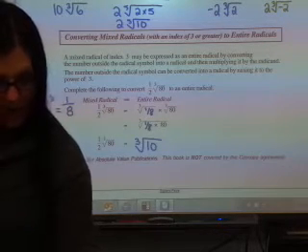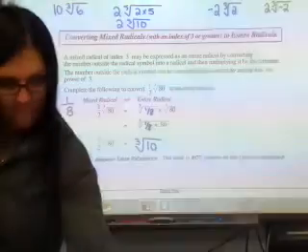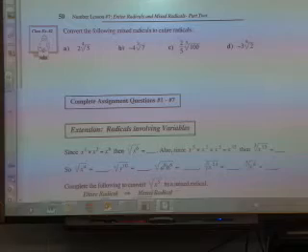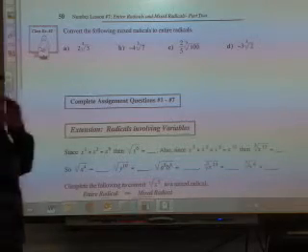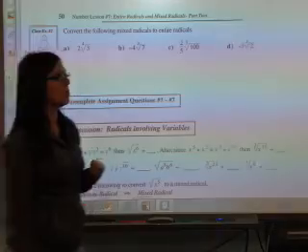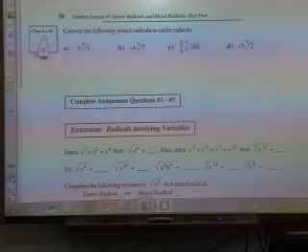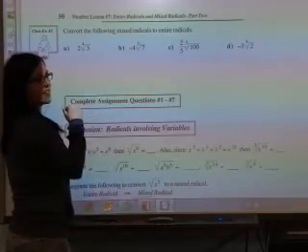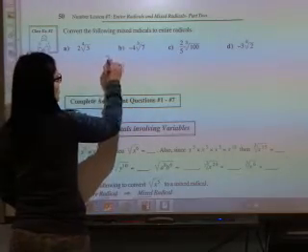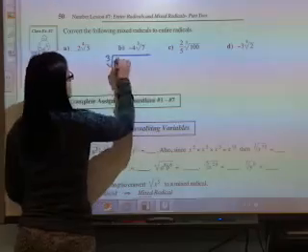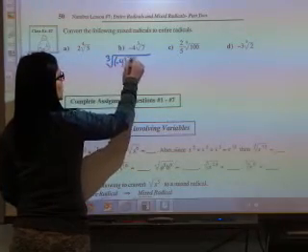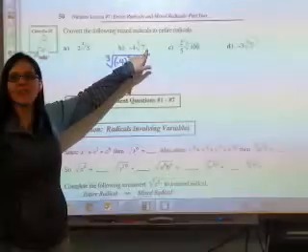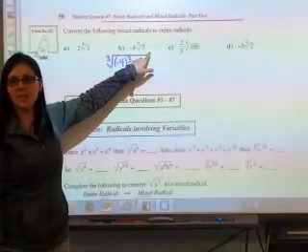Okay, so we have a couple of examples on the next page. I'm going to look at B and C first, and then we'll do A and D afterwards. So if I look at B, if I want to take this -4 and put it inside the radical, I would take the -4 and I can cube it. Why can I put the negative inside the radical this time? Because yesterday we didn't.